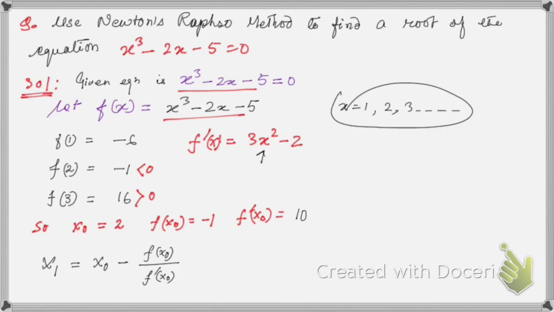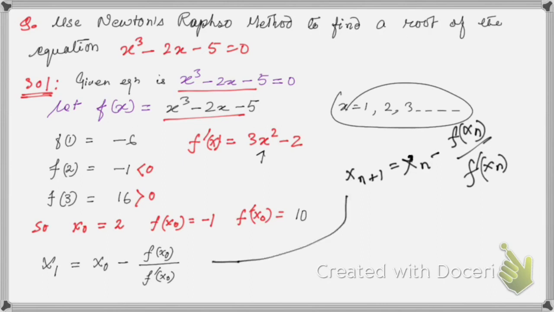So the Newton-Raphson formula was this one: x n plus 1 equals x n minus f of x n by f dash of x n. That formula is used here. Now put the values of x naught, f of x naught and f dash of x naught, and then you will get x1.